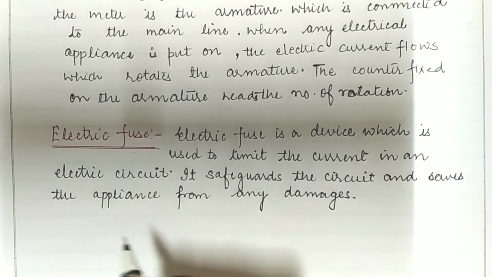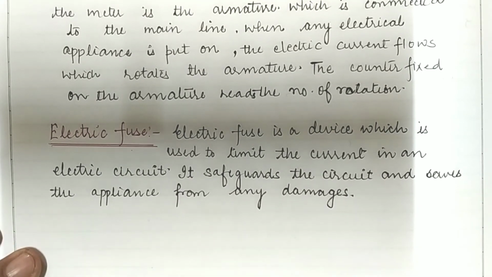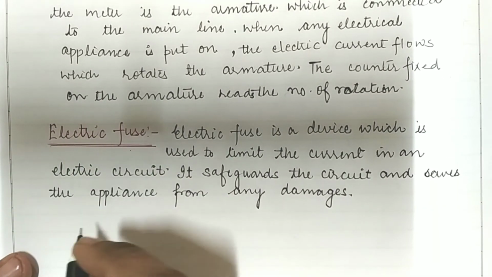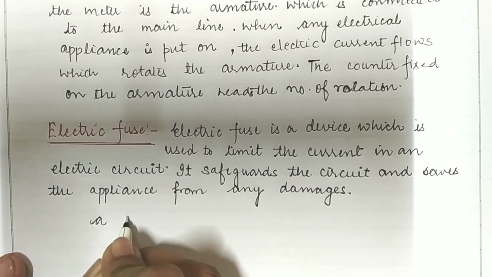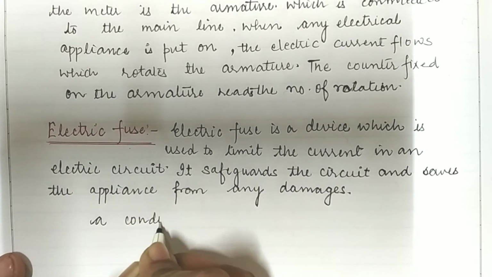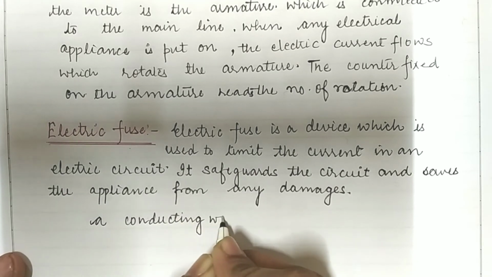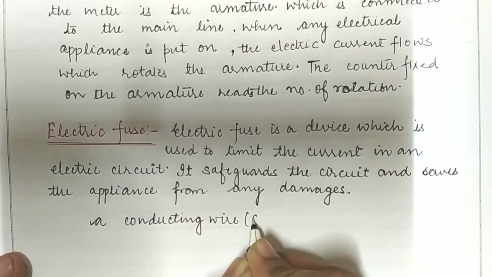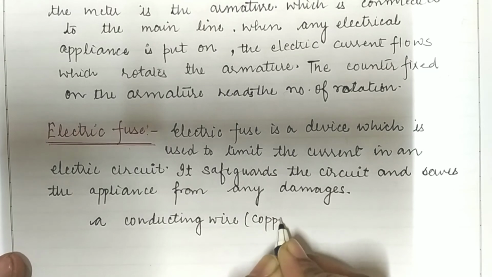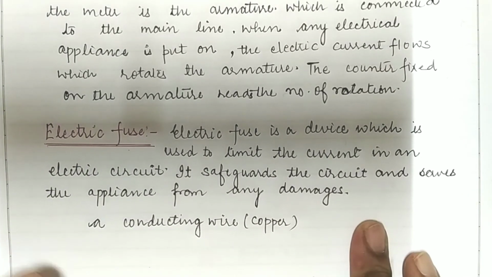It means that for the purpose of the electric fuse, a conducting wire like copper wire is used, okay children, because it is a good conductor of electricity.